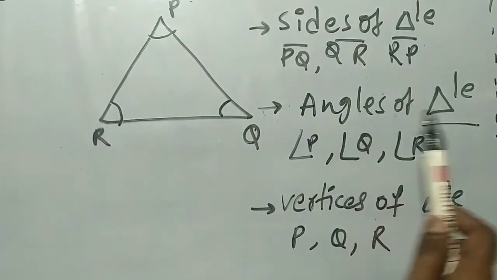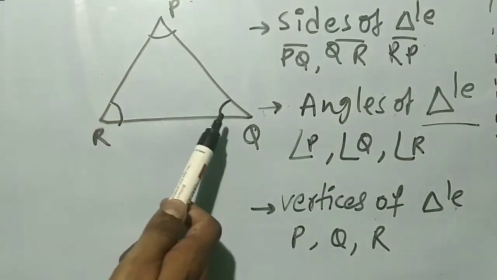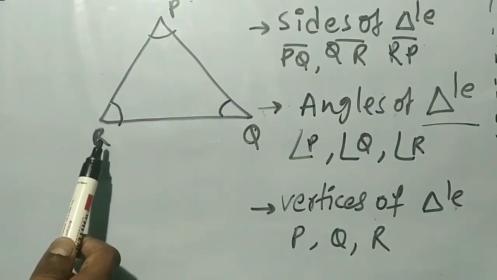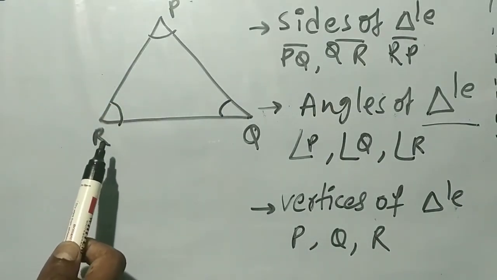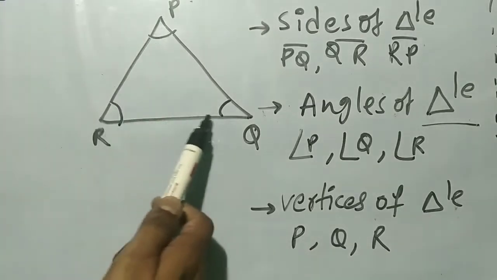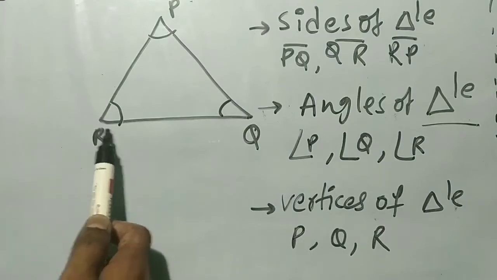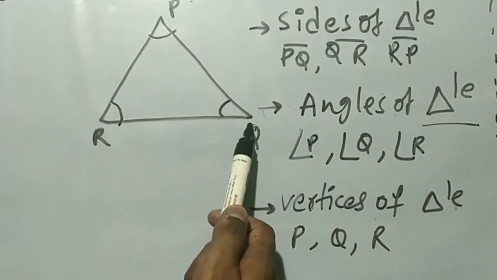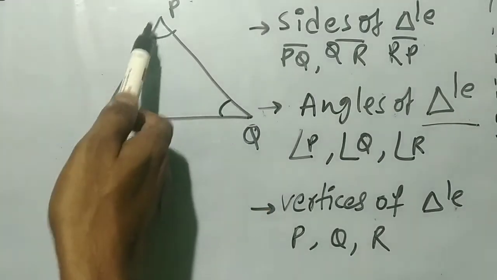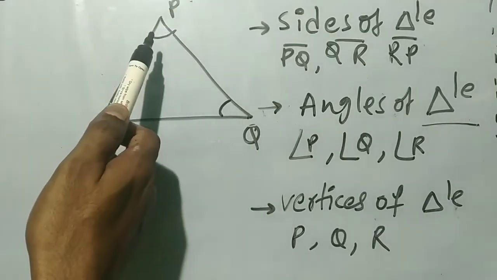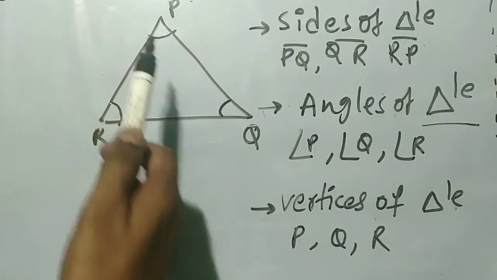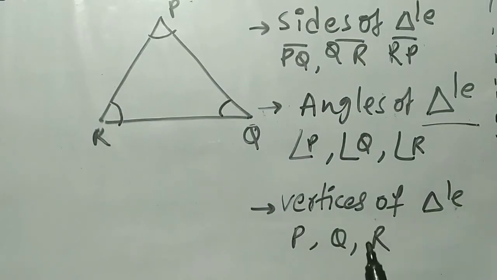The angles of a triangle are angle P, angle Q, angle R. An angle is made at a vertex, the common point of 2 lines. These 2 lines make vertex R and also angle R. These 2 lines make vertex Q and also angle Q, and these 2 lines make angle P, that is vertex P. Three angles make three vertices.